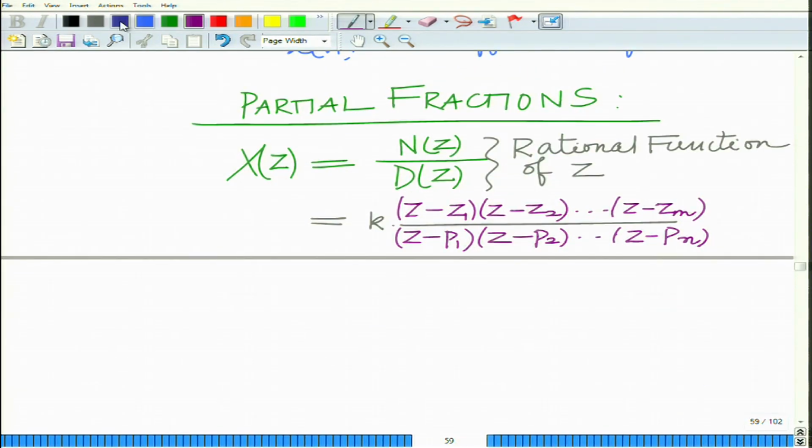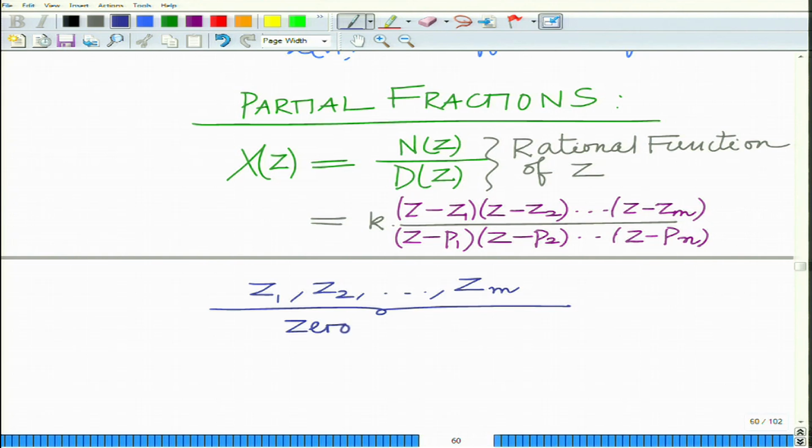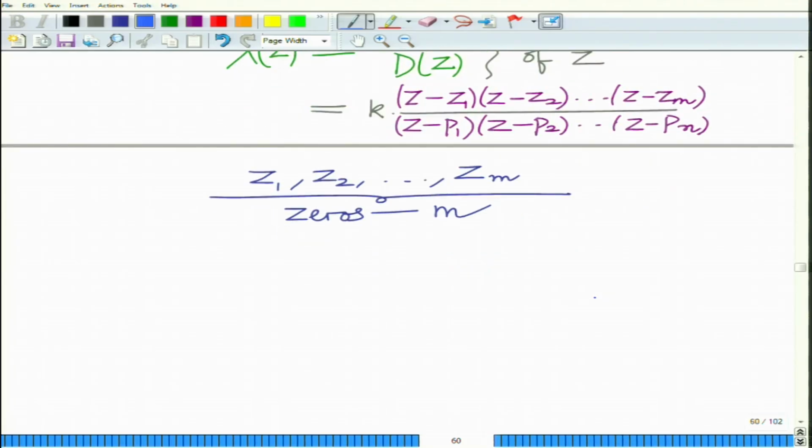Now, we know that z1, z2, zm are the zeros, that is roots of the numerator polynomial. You have m such zeros. Remember, we are assuming a rational function, that is, the z transform is given as a rational function of z, of the form of a numerator polynomial divided by a denominator polynomial.